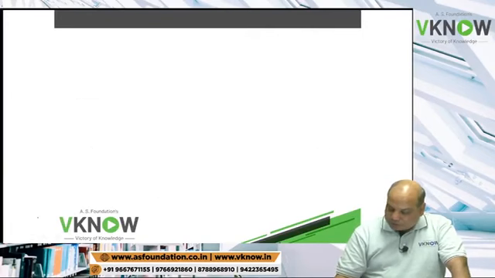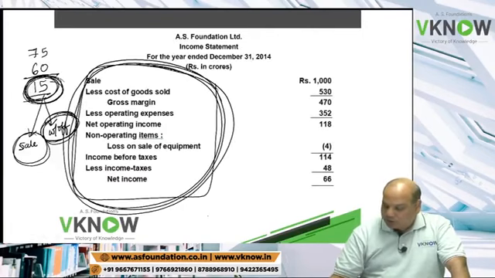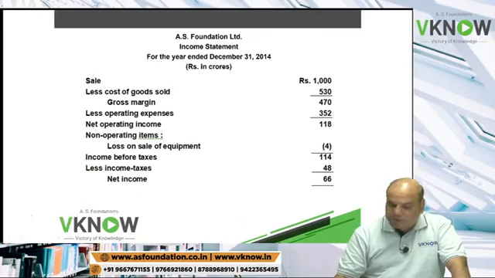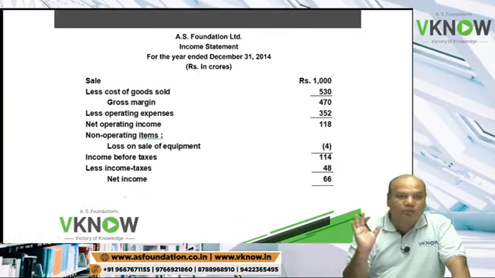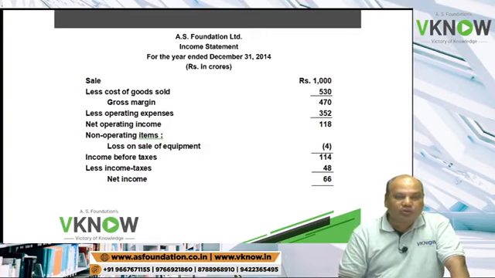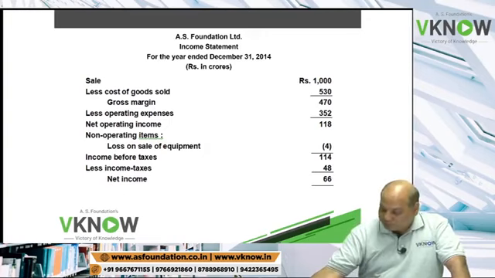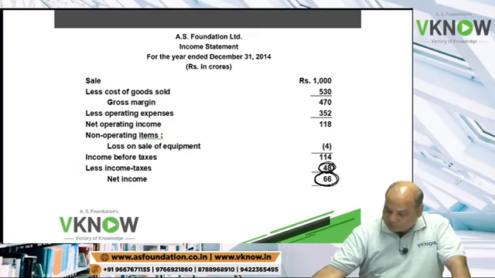P&L account is also given, but I don't require all the figures of P&L account. I will only require those figures which are useful in solving. Net income is required. Provision for taxation is required. Loss on sale of equipment will be required.